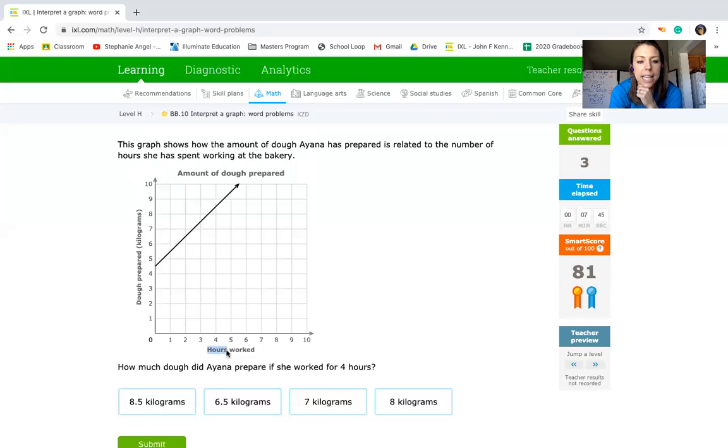It looks like the x-axis represents hours. So we're going to go to where it shows 4 hours, right here. From here, we're going to trace up to the line. I think I see why this is a little bit tougher one, because this point is not on an exact coordinate. You see that?